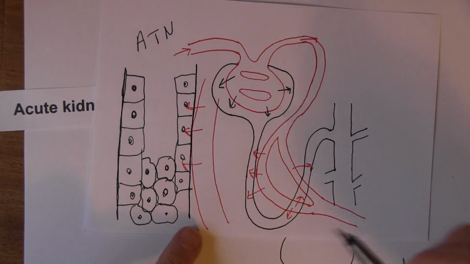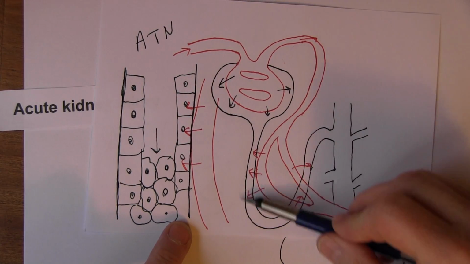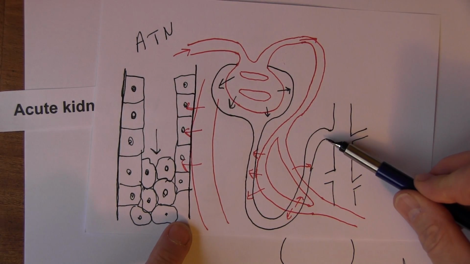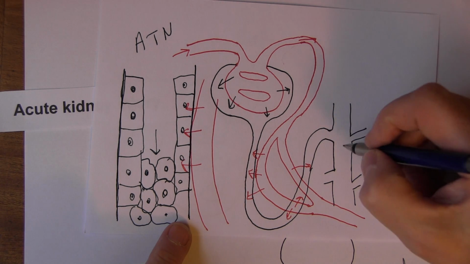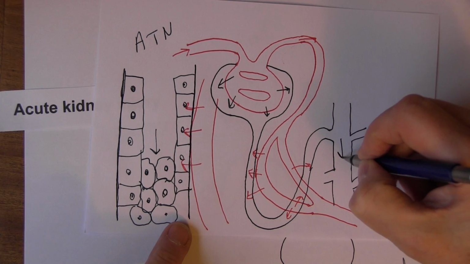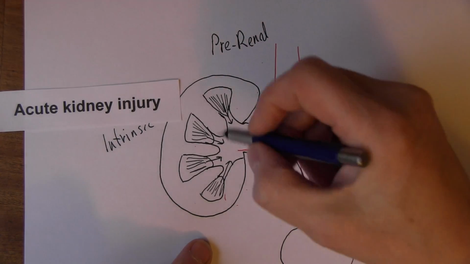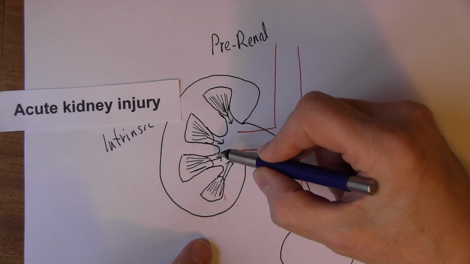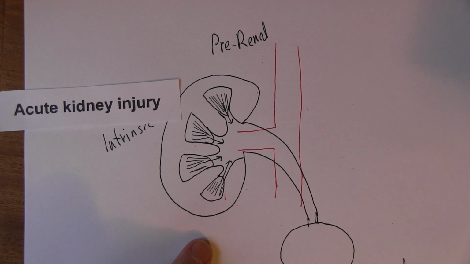And if material cannot flow through the tubule because of this blockage here, then the fluid which is not reabsorbed will not get to the collecting duct. If it's not getting to the collecting duct, it's not going to get into the renal calyces, and we're not going to get the urine.